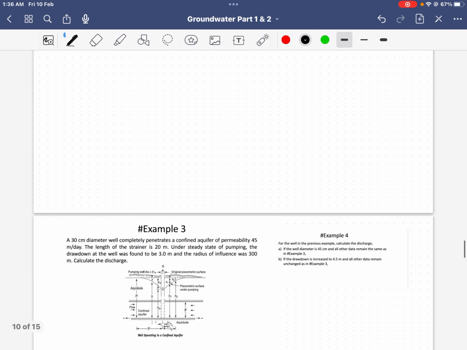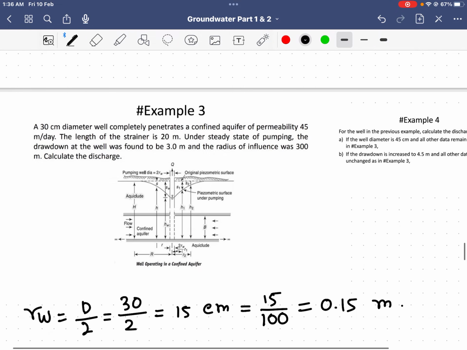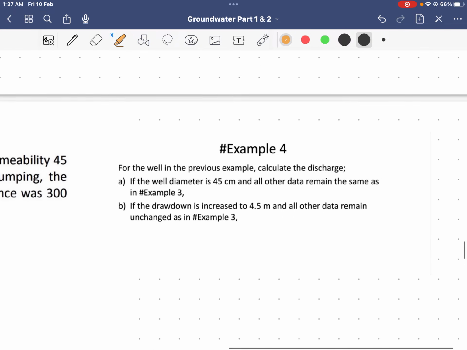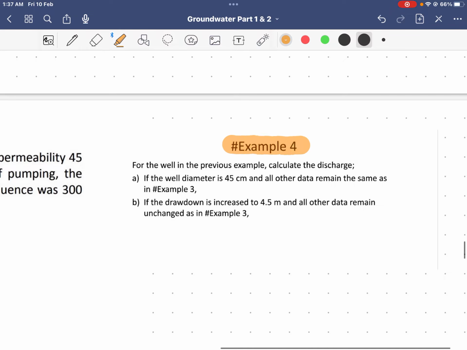All right, example 3 is finished because I already found the discharge. Now I'm going to solve example 4. In example 4, for the well in the previous example, calculate the discharge if the well diameter is 45 centimeter. So now they change only the well diameter.